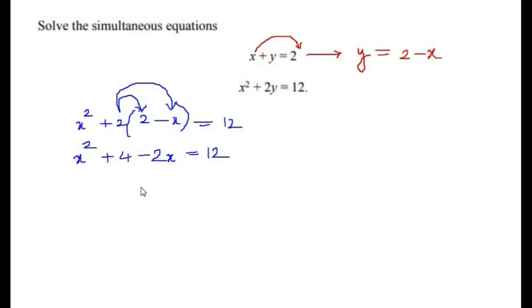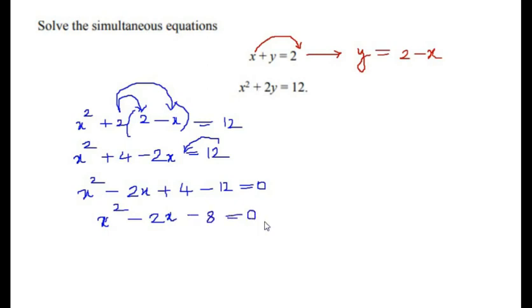We can further simplify this equation as x squared minus 2x plus 4, and now I am going to take the 12 to this side, so it becomes minus 12 equals 0. Now we can write it as x squared minus 2x, and plus 4 minus 12 gives you minus 8, equals 0.